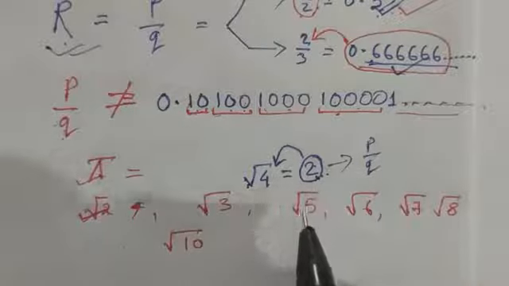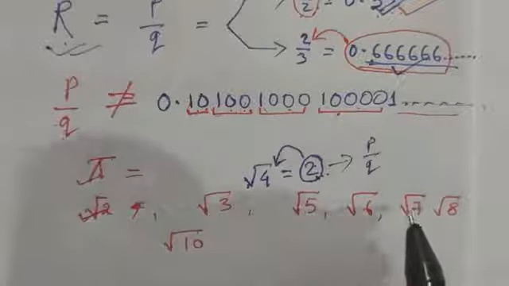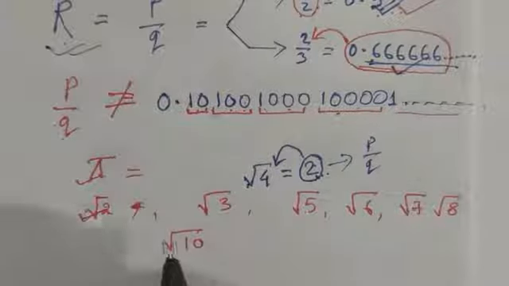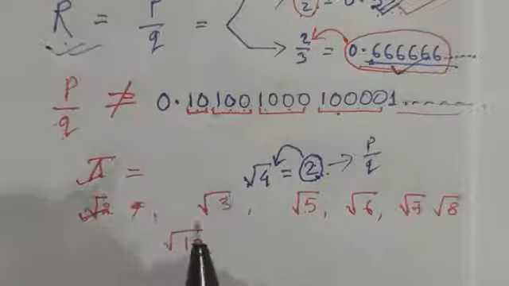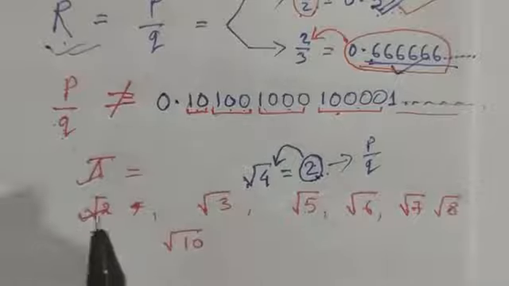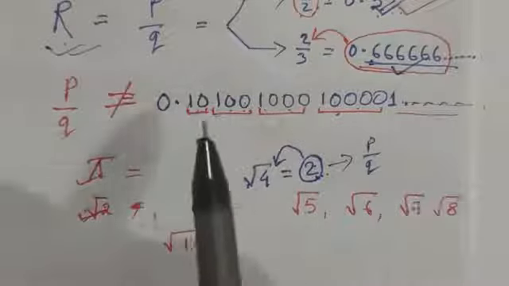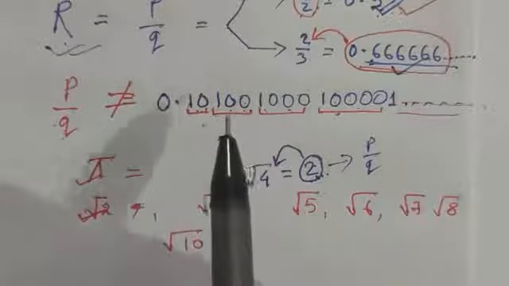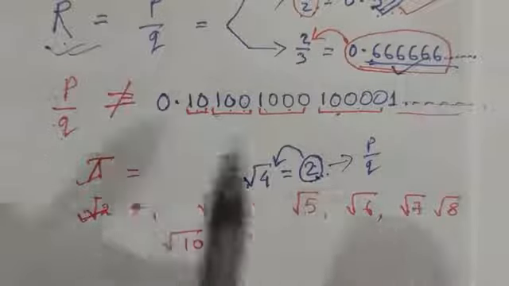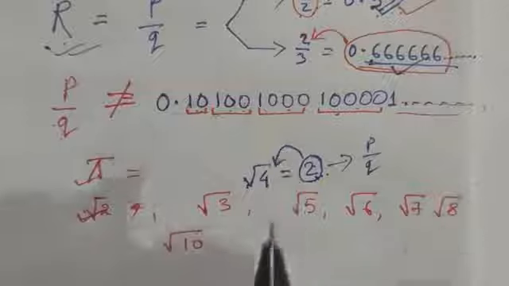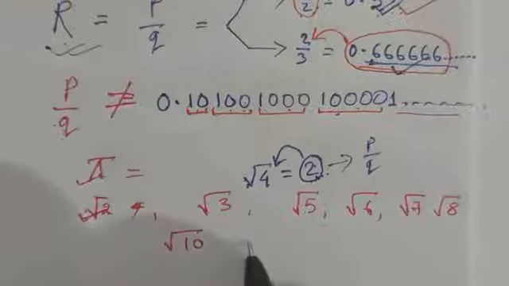But at the same time, root over 5, root over 6, root over 7, root over 8, root over 10, root over 3 also, cannot be expressed in the form p by q, because if you find their decimal expansion, it will go on. It is neither terminating nor repeating. Is that clear? I have not written root over 9.